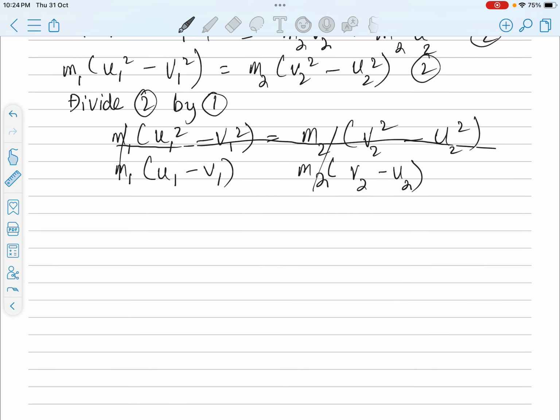Now u1 square and v1 square remind us of a square minus b square, right? Where a is u1, b is v1.